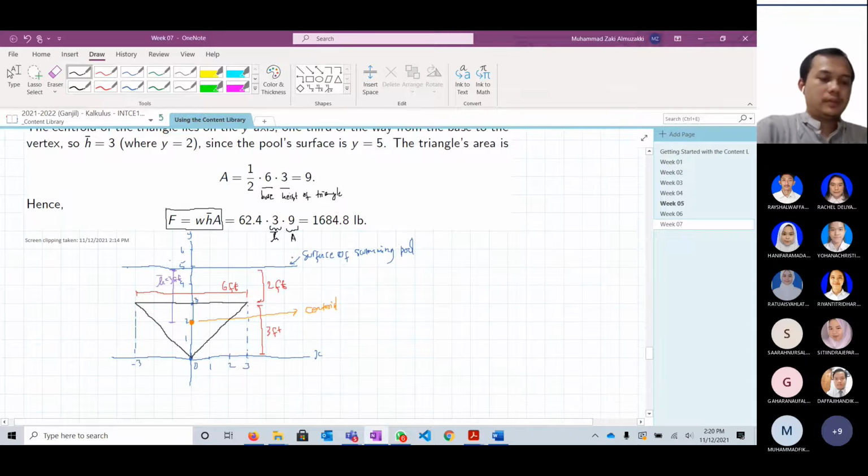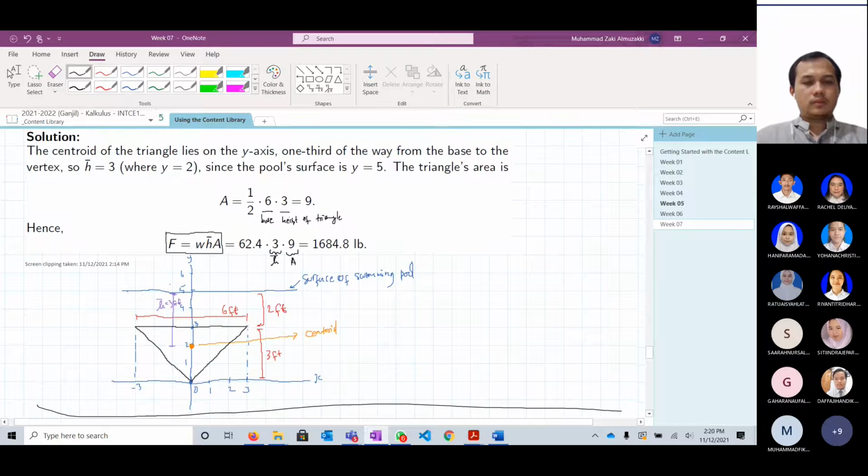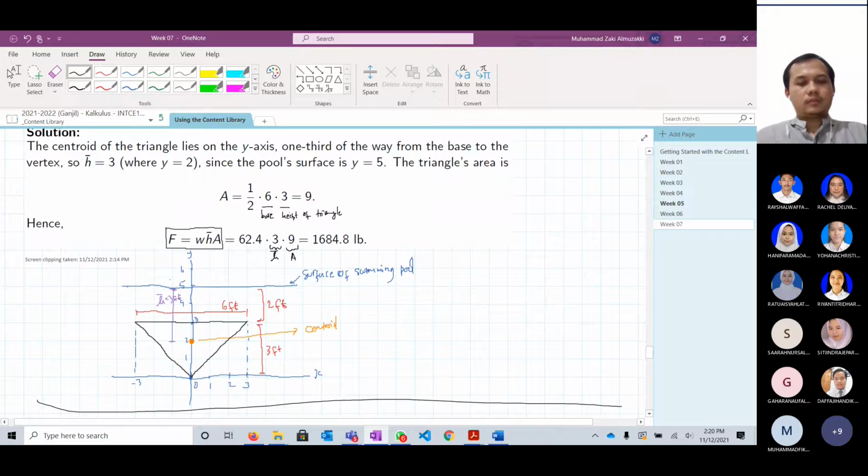Any question for this example? Sir, if there are decimals, can we round them, Sir? If there are many decimal places. Okay, it depends on the questions, but normally you can round it to two digits behind the comma, up to 2 precision.